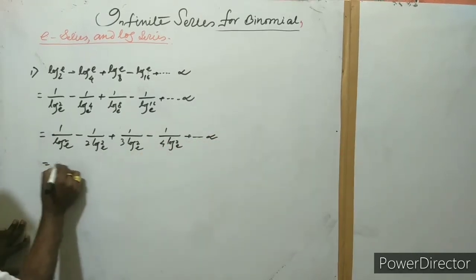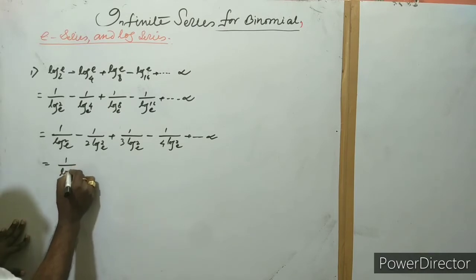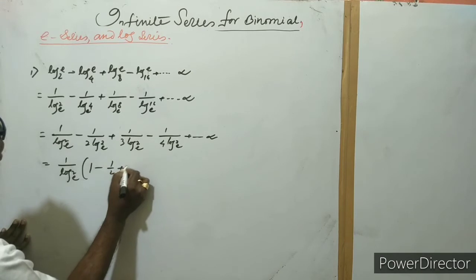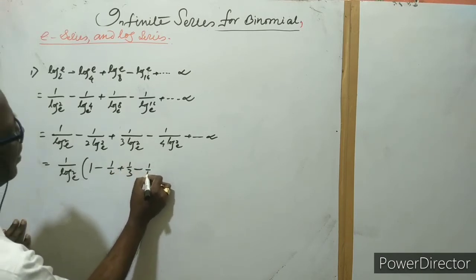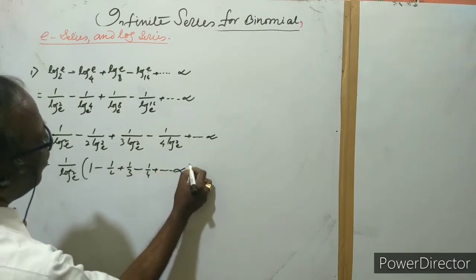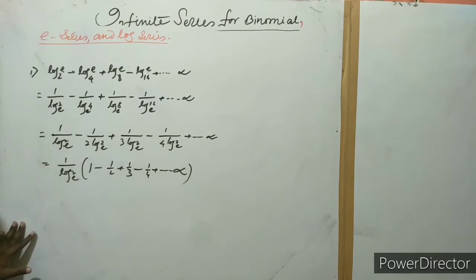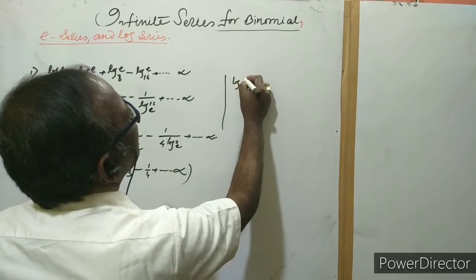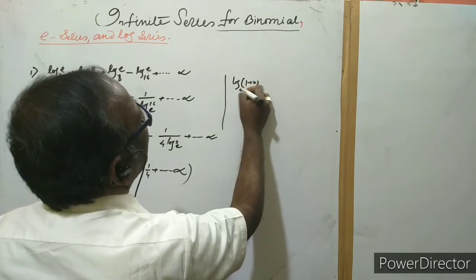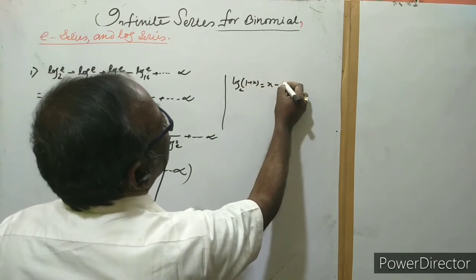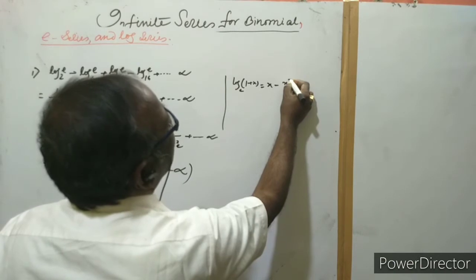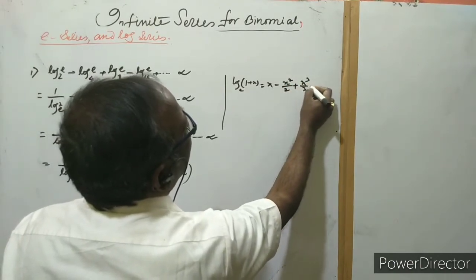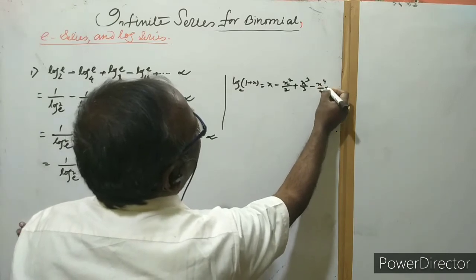So we take a common factor 1 by log 2 to the base e here, so 1 plus 1 by 2 plus 1 by 3 and 1 by 4. What is the value of that? Now see, we have to know the expansion of logarithm of 1 plus x, which is x minus x square by 2 plus x cube by 3 minus x to the 4 by 4.